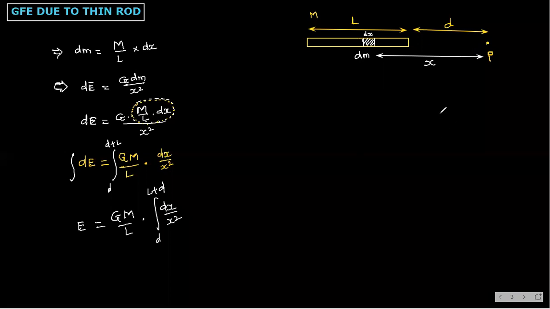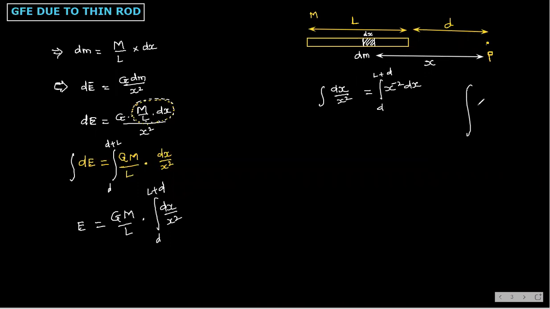Now we have one integration formula. Expanding dx by x square, I can write it as x power minus 2 dx, because below power I can take up, from d to L plus d.